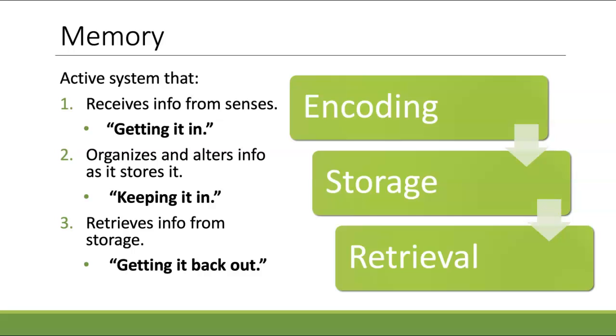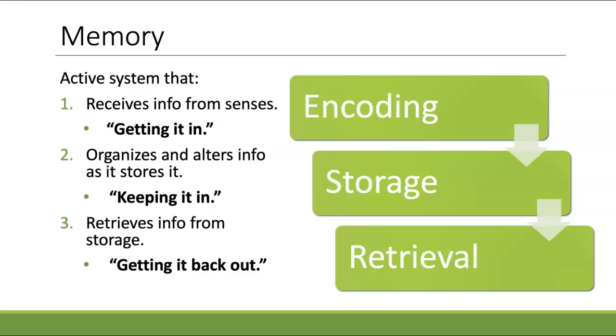So we'll break each of these parts down. Before I do that, a common model of the brain when considering memory is thinking of the brain as a computer. As we go through each of these parts, I will talk a bit about how that is similar to the way a computer works.